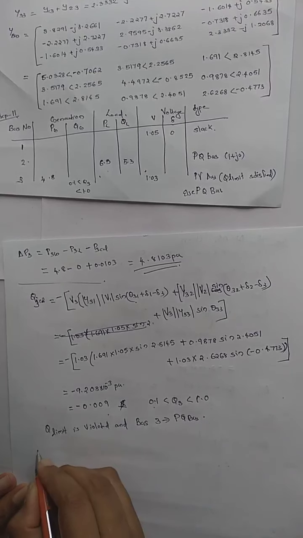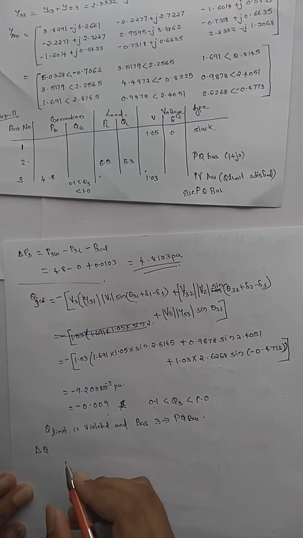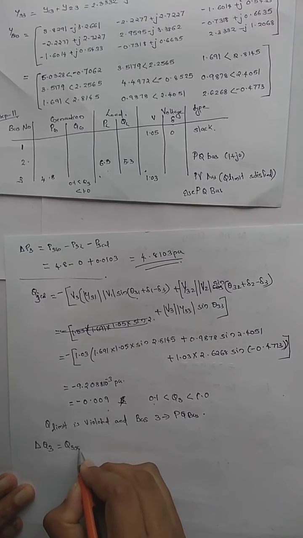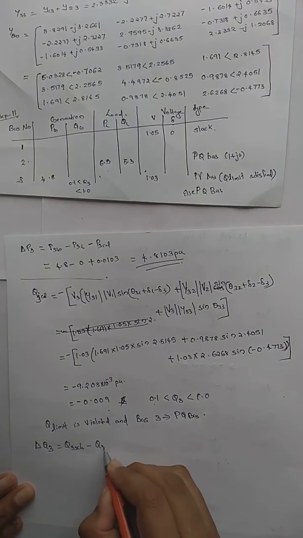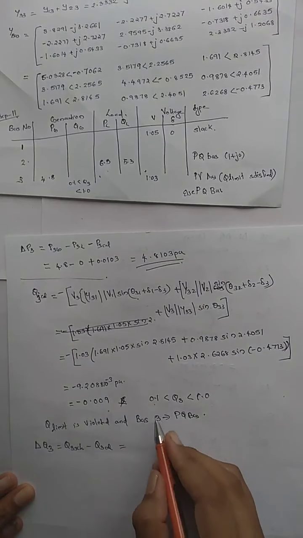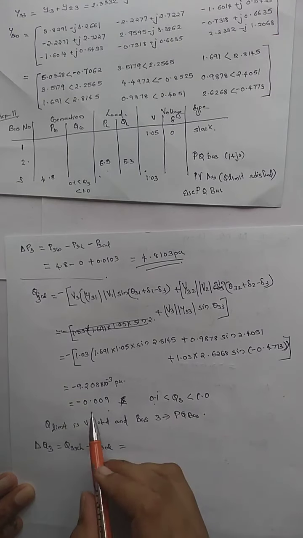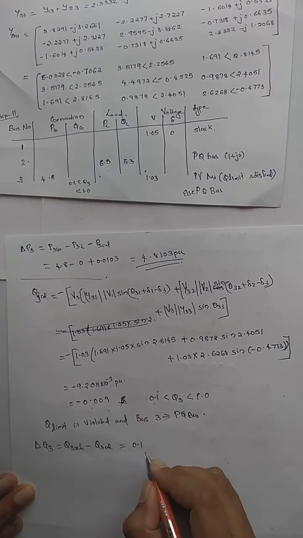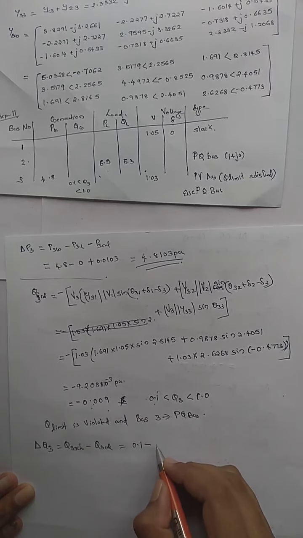So in order to find out delta, we have to find out delta Q3. Delta Q3 is equal to Q3 scheduled minus Q3 calculated. So this Q3 scheduled we will take as the lower limit because it is very near to the lower limit. So Q3 scheduled is 0.1 minus this value.